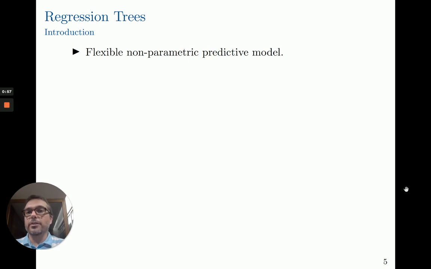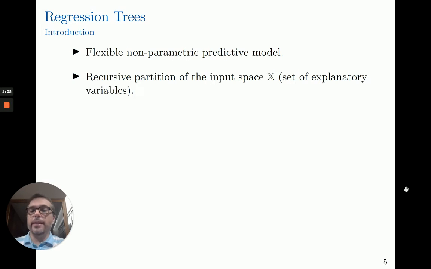So regression trees are a flexible, non-parametric predictive model, and it's based on a recursive partition of the input space. What's this input space X? It is the space defined by the explanatory variables. And I'm going to be very clear about what I mean by this recursive partition. It will be clear in a moment, okay?